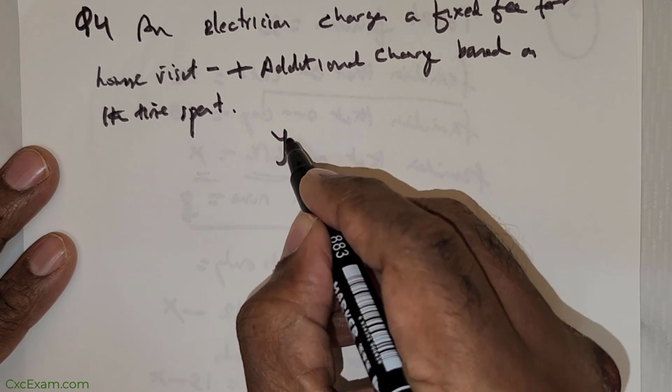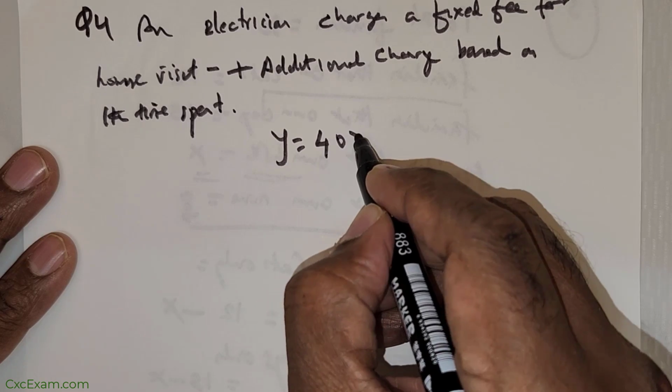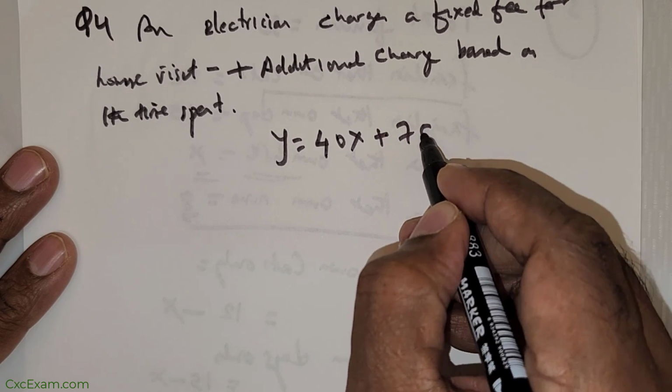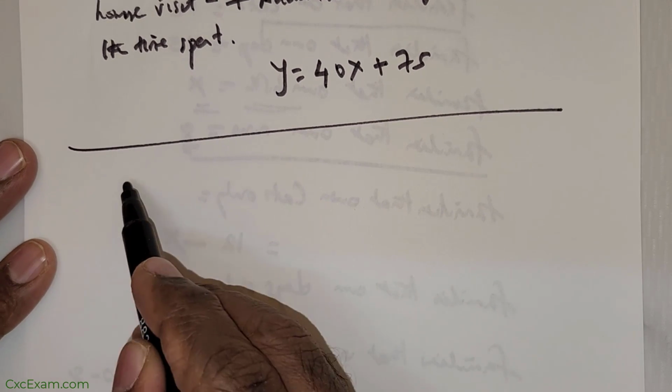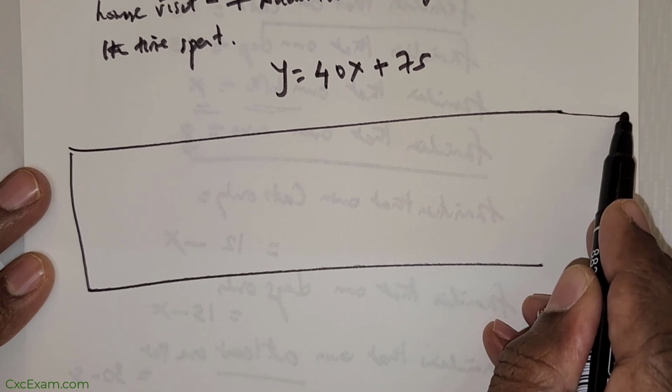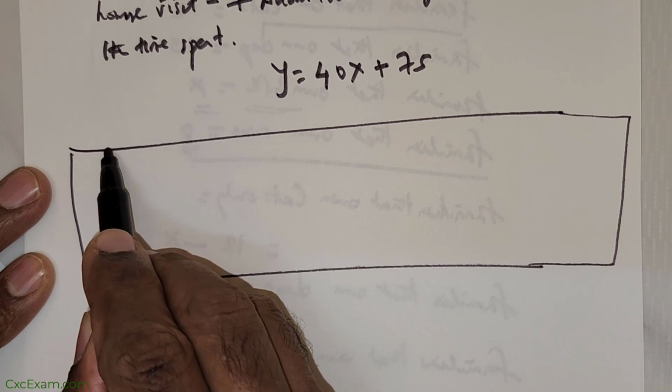This has been given by the formula y is equal to 40x plus 75, and we are asked to complete this table. This is the table that is being given.